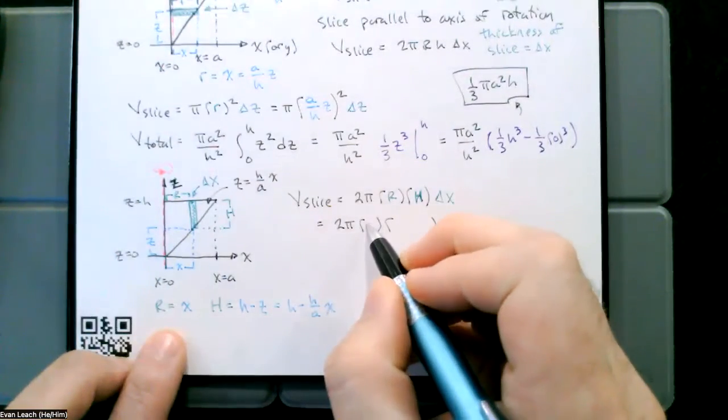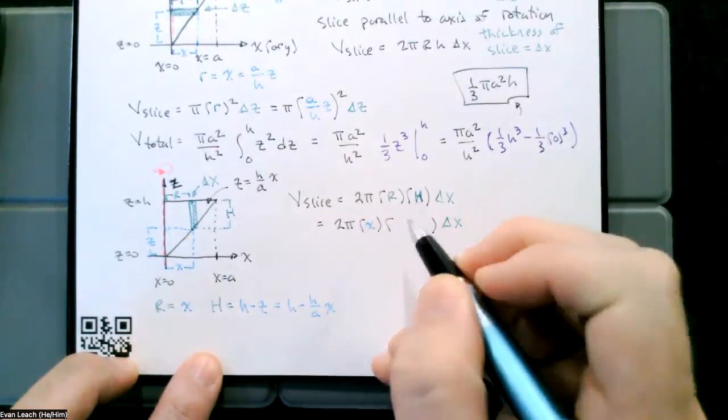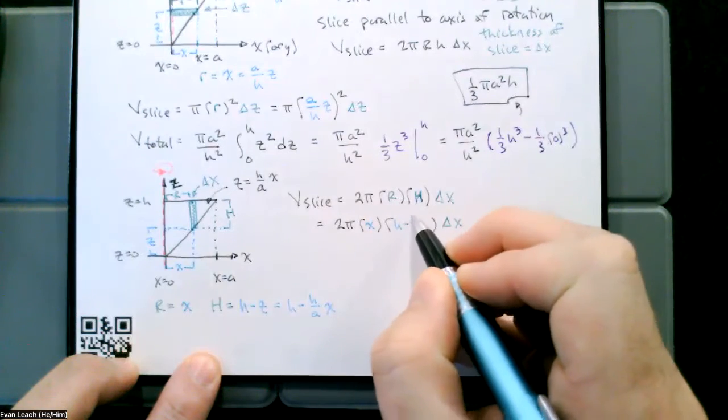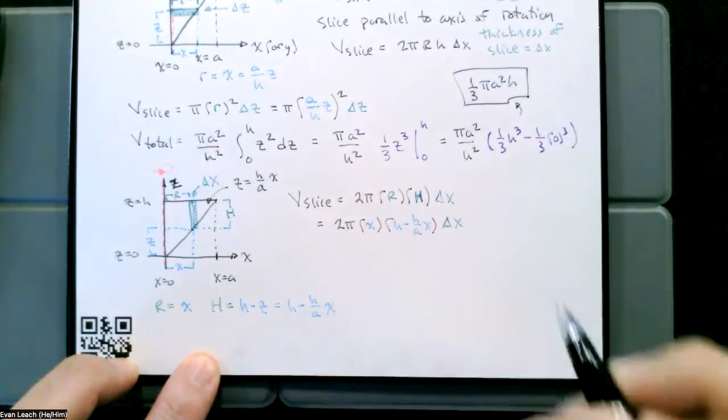So r is equal to x, and capital H is h minus h over a times x.